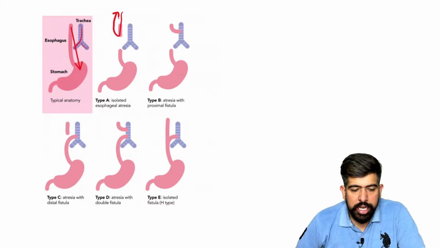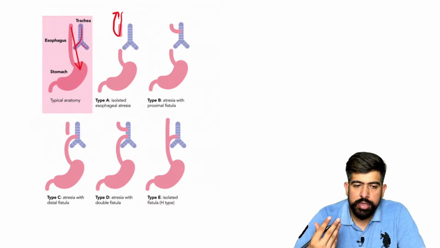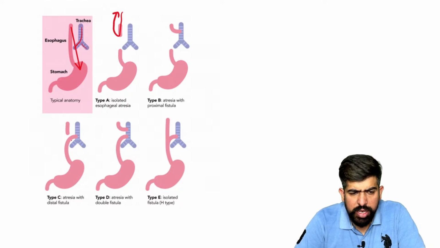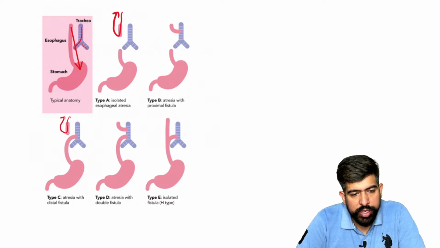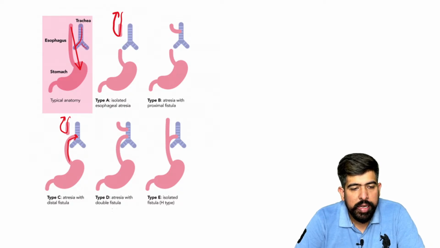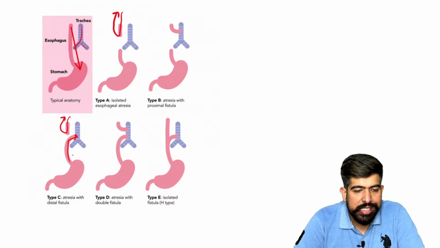Is it clear, guys? It can also be seen in cases of atresia of the esophagus, where the esophagus may be attached to the trachea with a distal fistula, which is the tracheoesophageal fistula, TEF.